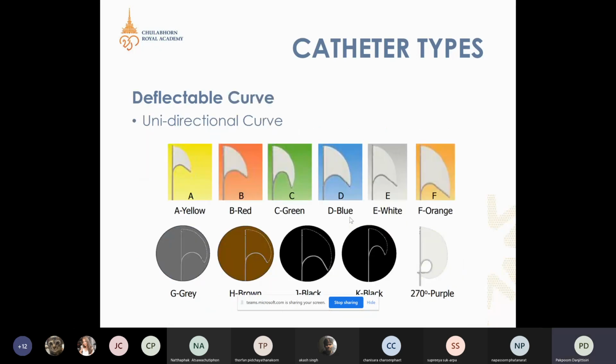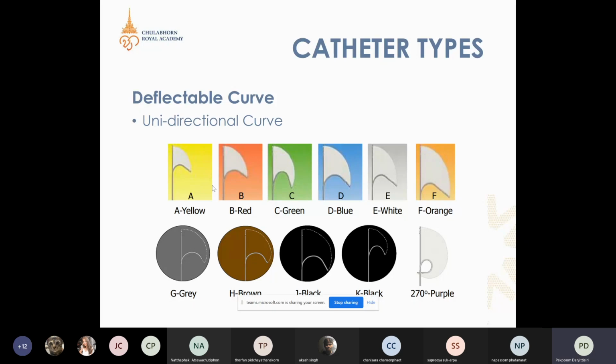With the deflectable curve, the unidirectional curve can be chosen from the range of A curve, B curve, C, D, E, and F curve. The A curve represents the small curve, and the B curve is larger than the A curve.